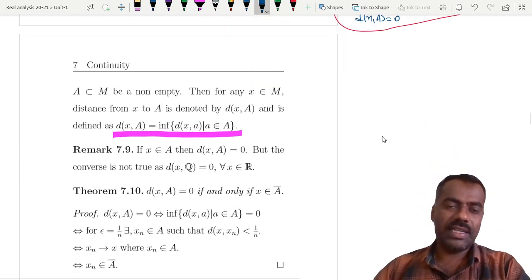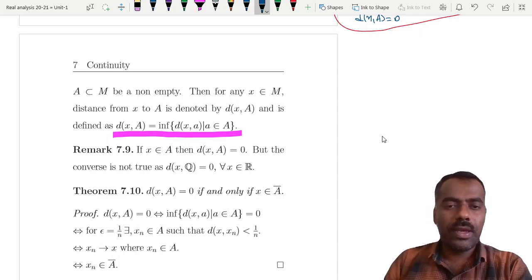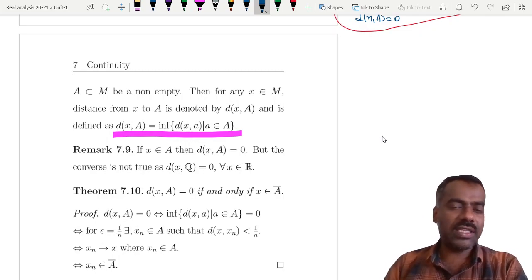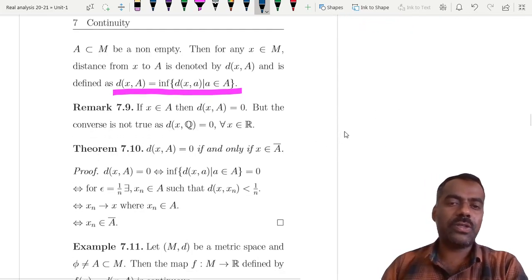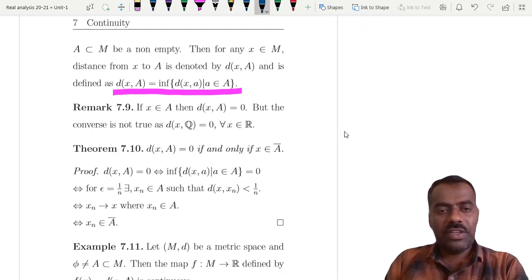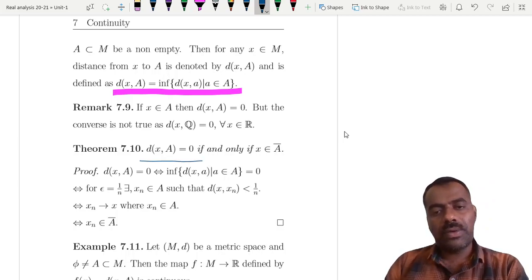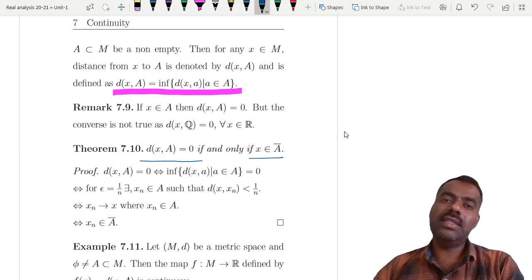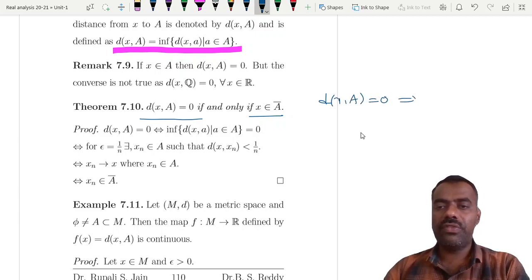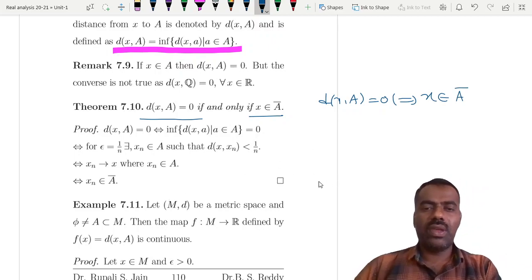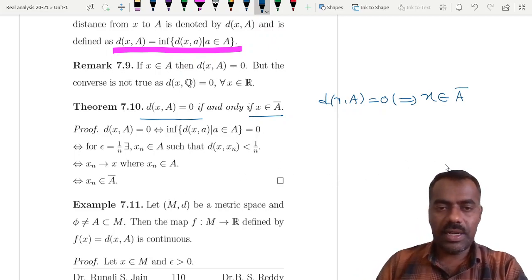You can check that the distance between x and the rationals Q is 0 for every real x, but if you take an irrational number, it does not belong to Q. So if the distance between x and A is 0, it may not belong to that set, but what we can guarantee is that it is at least in the closure of that set. So the distance between x and A is 0 if and only if x is in the closure of that set.